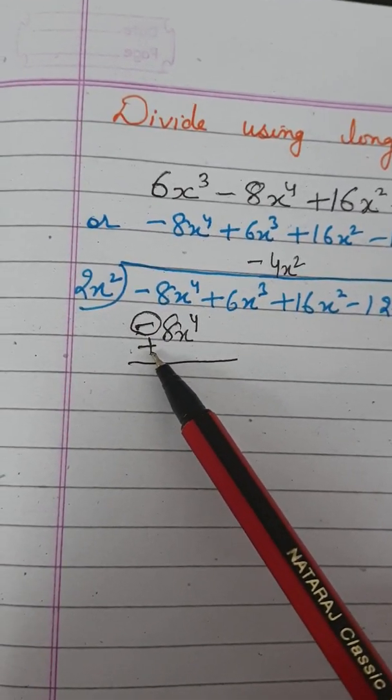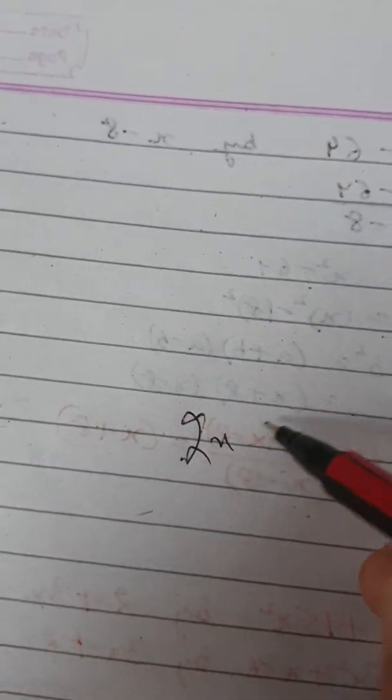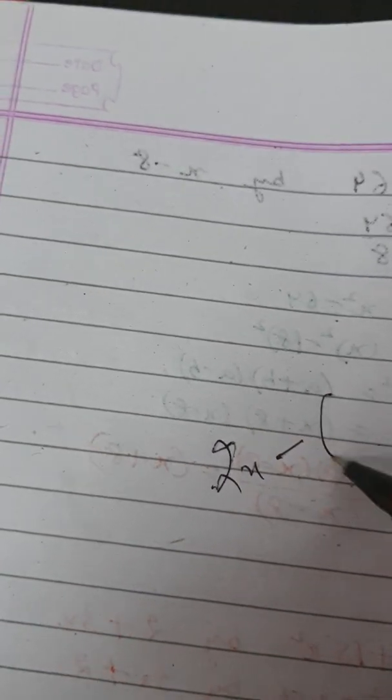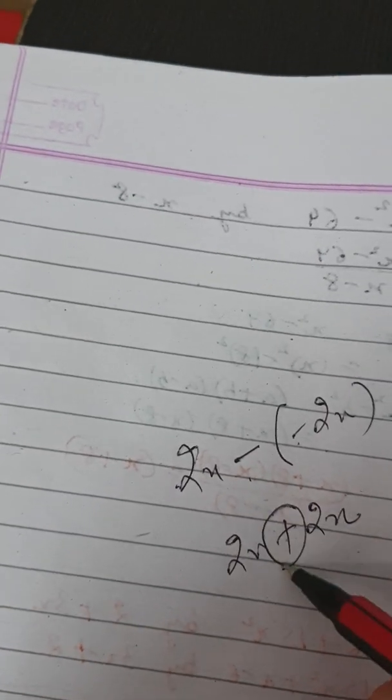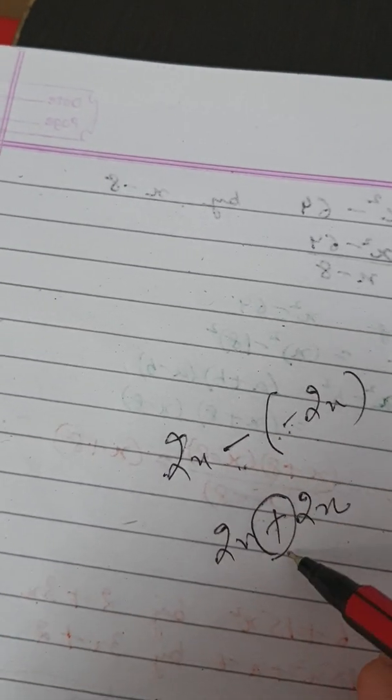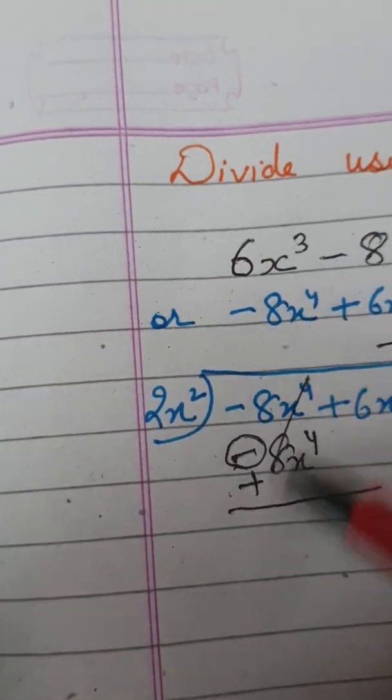For subtraction, the new sign will be plus. As an example, if I want to subtract minus 2x, the minus on it will become this. So whatever sign is there, we will take the opposite of that. The same is done here. Now like terms cancel.